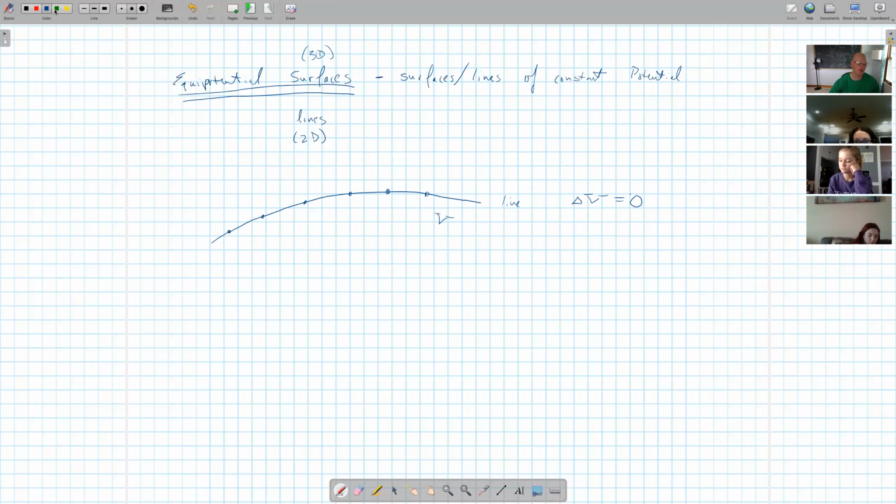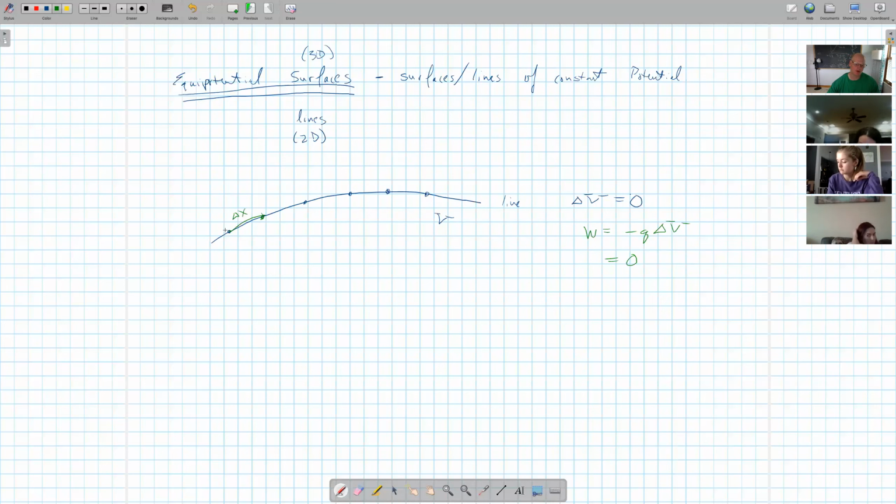So anytime I move across this equipotential surface, if I start at this point and I move to this point over some distance of delta x, I'm at the same potential, so my change of potential has to be equal to 0. But since work is equal to negative the charge times the change of potential, what that means then is the work I do to move this thing from this point to this point is simply equal to 0.